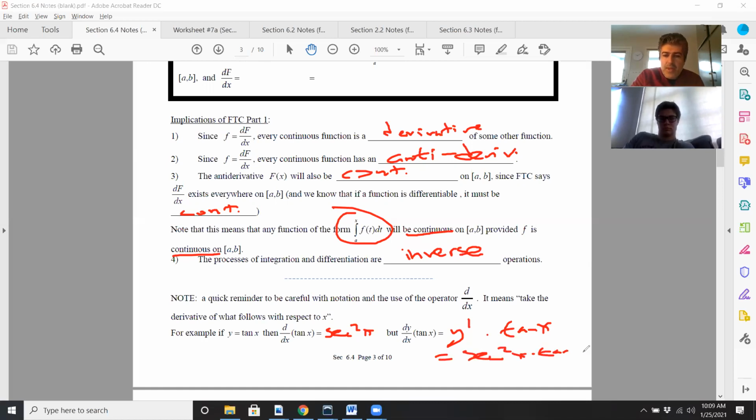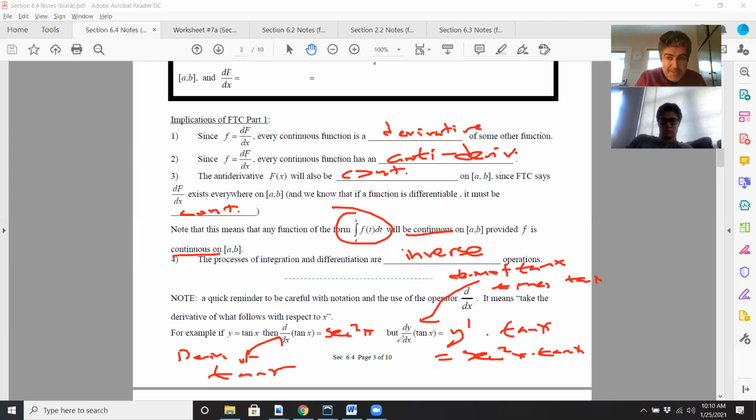The reason this is put in here is that some people get confused by notation. d/dx means I want the derivative of tan x. dy/dx means the derivative of tan x times tan x. So be mindful about your notation. Don't blur this, please. Again, I talk about attention to detail and precision. I'm not lying, it's a big deal. You have to be super precise with this stuff.